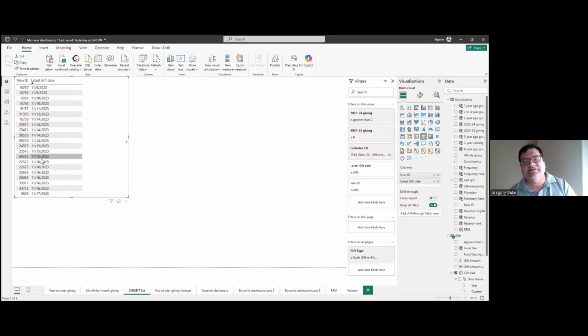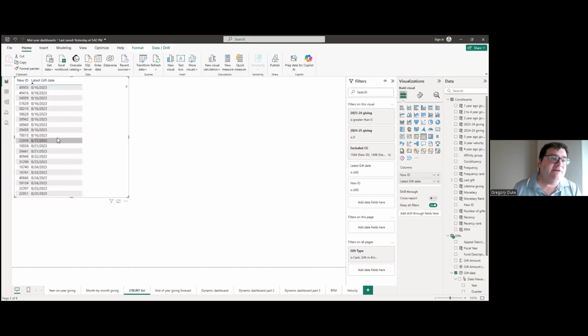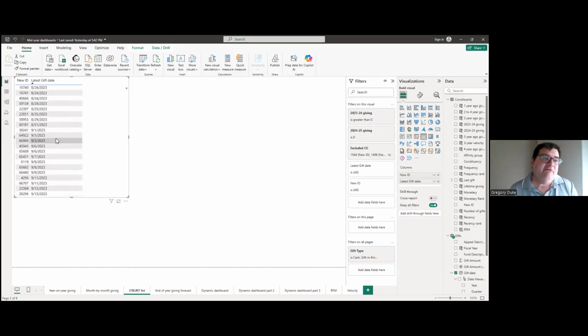So if they give at the same time every year, they didn't give this time. These are people to take a look at, maybe reach out to them to see why they haven't given, or maybe they just got missed.